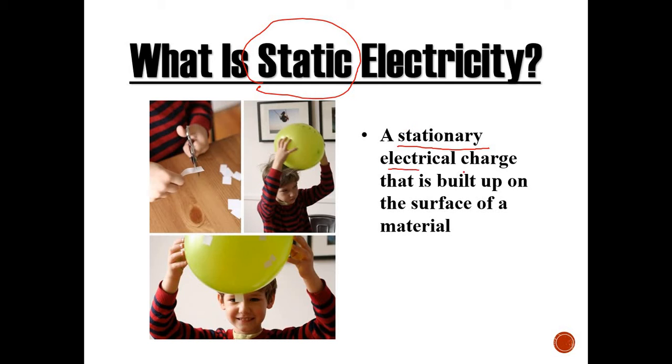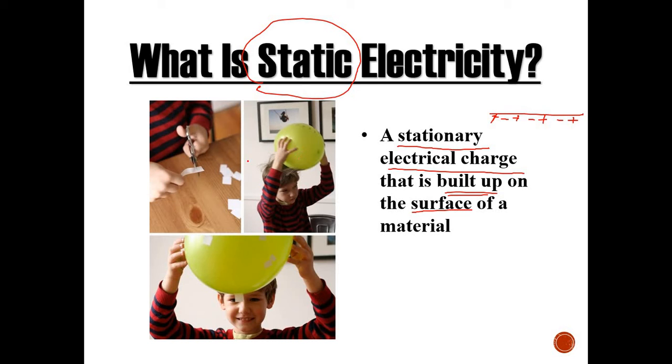The electric charge. The electric charge is built up on the surface of a material. Let's say we have a surface of a material, and the electric charges positive, negative, positive, negative, positive are on the surface of the material. That is static electricity. This is one of the examples.